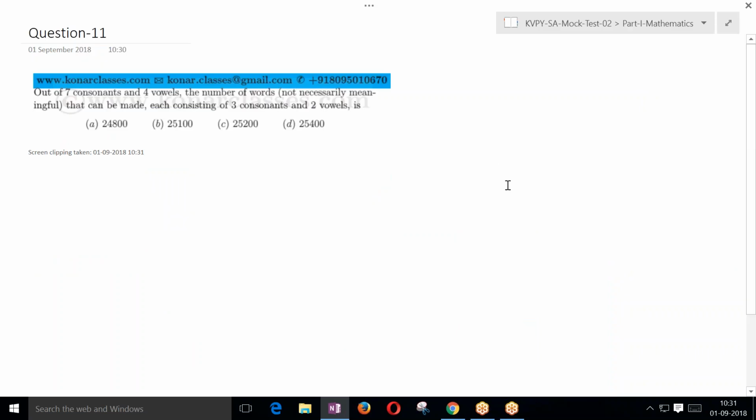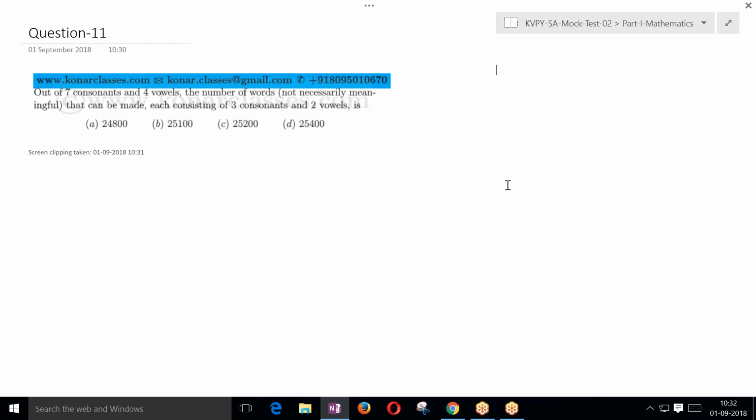The question is: out of 7 consonants and 4 vowels, the number of words, not necessarily meaningful, meaning it may not be a word from the dictionary, that can be made, each containing 3 consonants and 2 vowels.